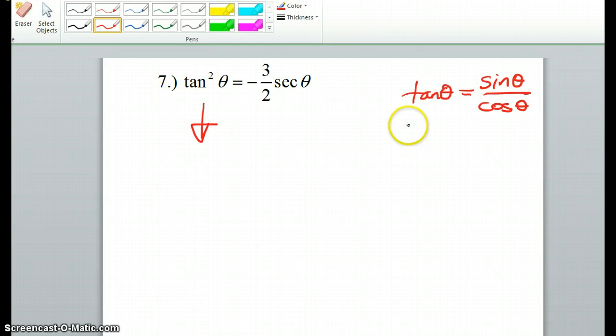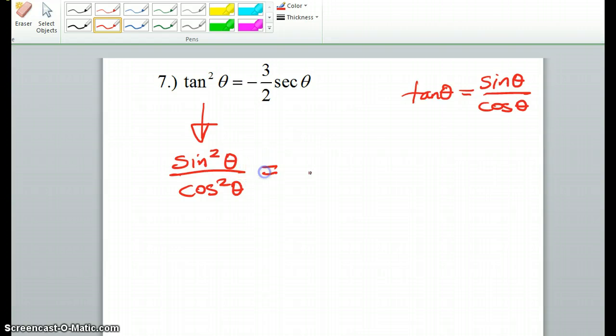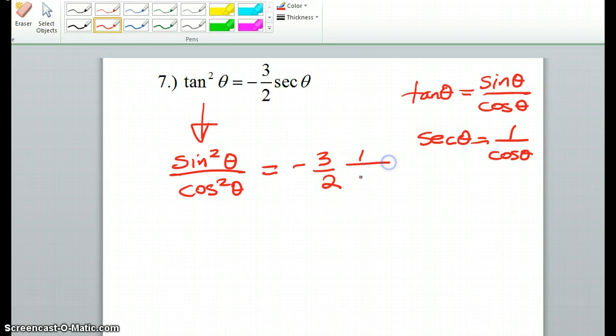Don't forget that, that's important. So you could do the same thing with tangent squared. So tangent squared is equal to sine squared theta over cosine squared theta. And then if you know your trig functions, you would know that secant theta is equal to 1 over cosine theta. Okay, and you're multiplying those two things together.